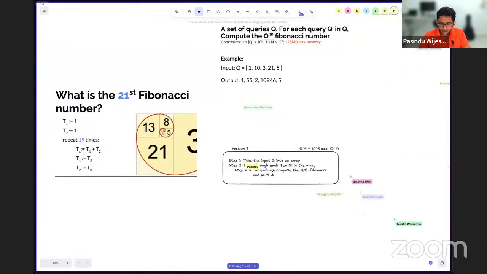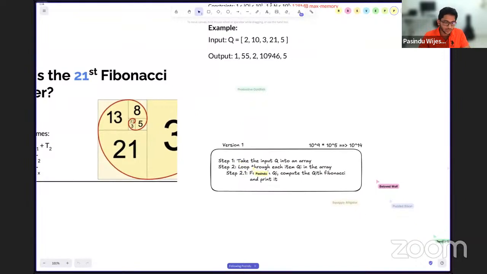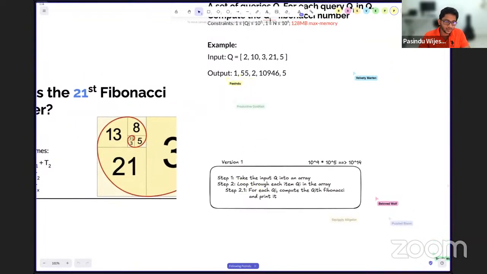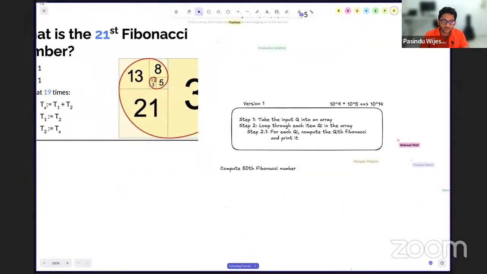Okay, so in here, we are computing the same value again and again, right? Let's say I wanted to compute the 50th Fibonacci number. Our algorithm is going to compute the first one, second, until the 50th, and this is for a single query.